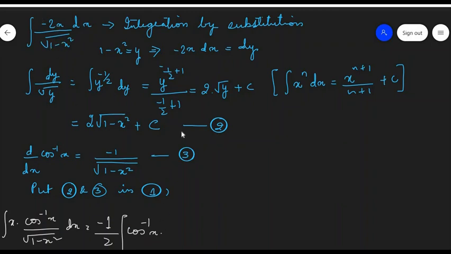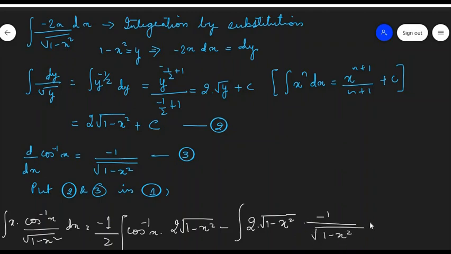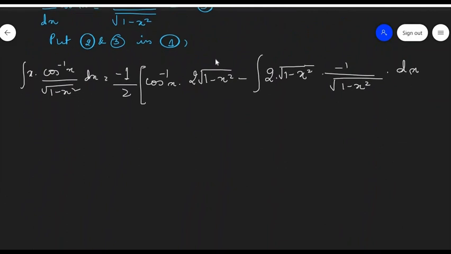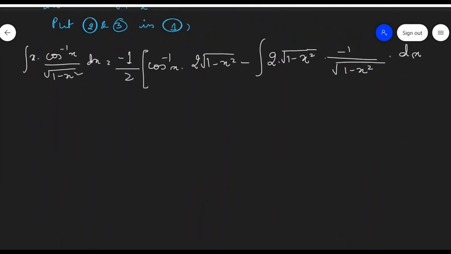That is, using 2, we can write as 2 into square root of 1 minus x square, minus integration of second function, which is 2 into square root of 1 minus x square, into differentiation of cos inverse x. So using 3, I can write that as minus 1 upon square root of 1 minus x square and dx. Now we need to perform integration one more time so that we can get the answer.